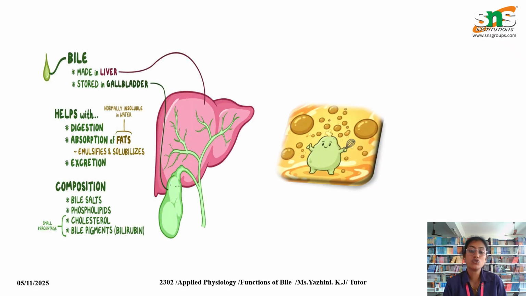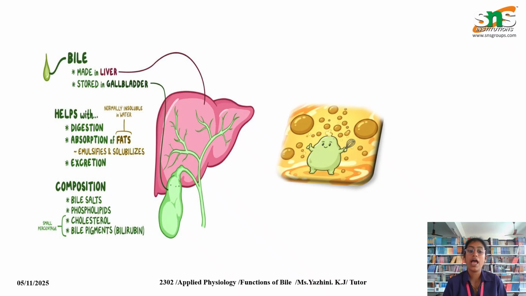When it comes to bile, we have to remember that bile is made in the liver and stored in the gallbladder, and when food is present it is released, helping the absorption of fats and the excretion process.